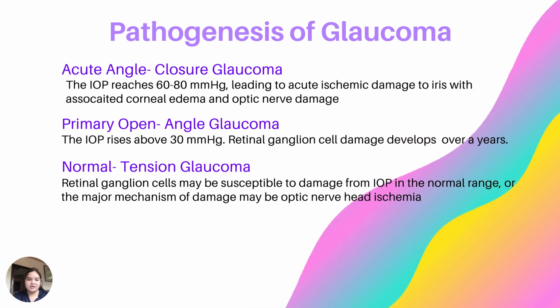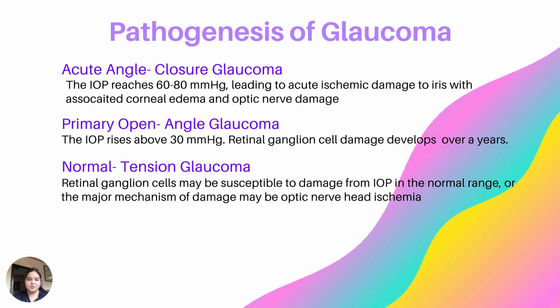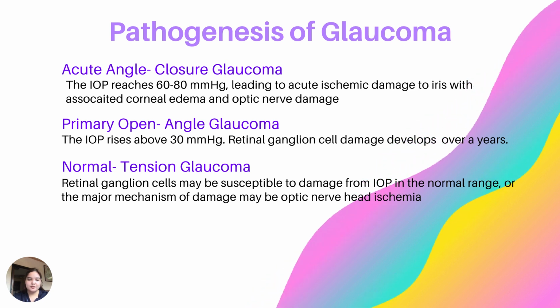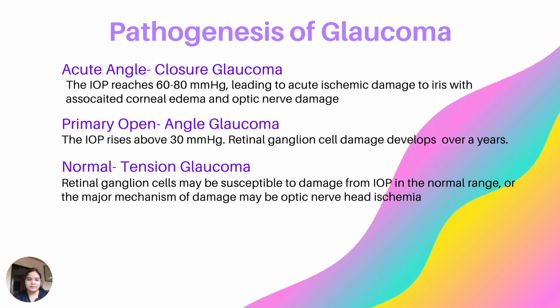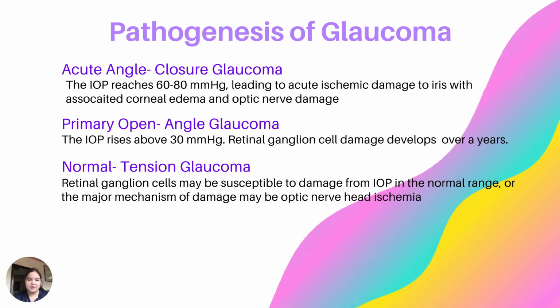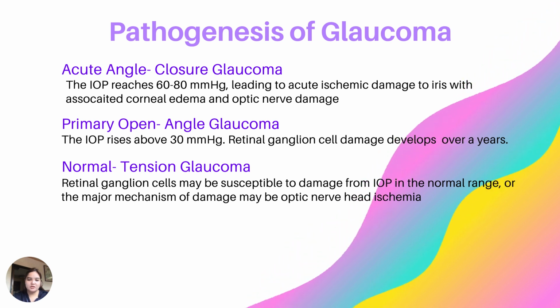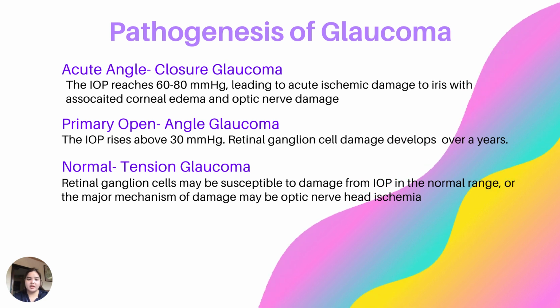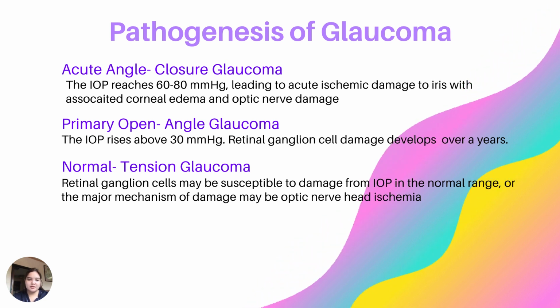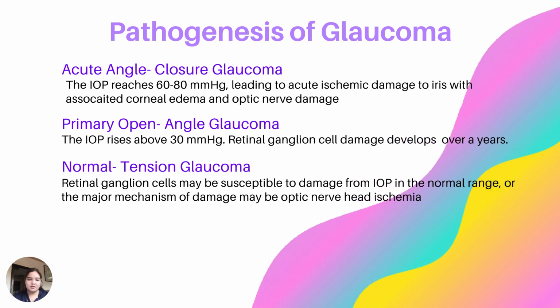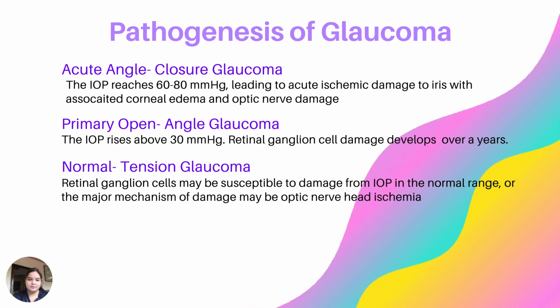The retinal ganglion cell damage develops over years. For normal tension glaucoma, the retinal ganglion cells may be susceptible to damage from intraocular pressure in the normal range, or the major mechanism of damage may be optic nerve head ischemia.